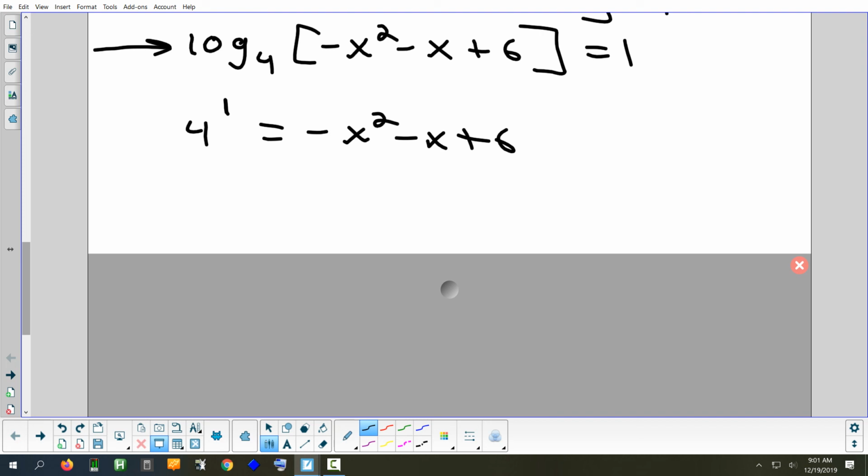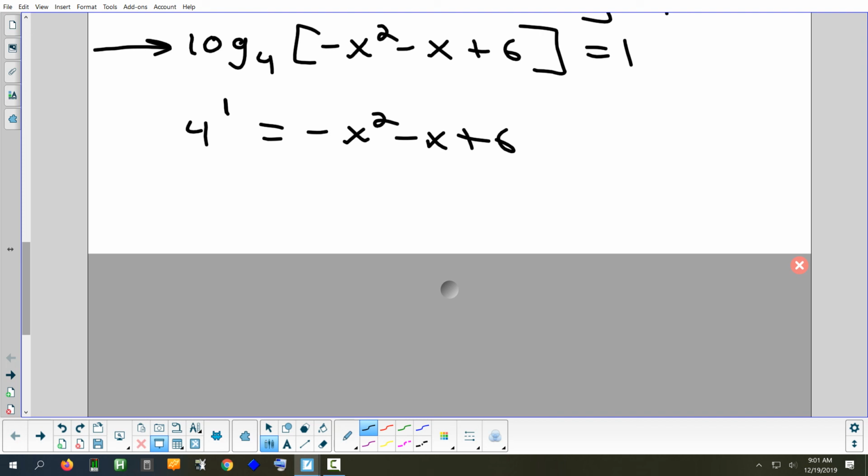Remember when you solve a quadratic, what you have to get it equal to? Well, let's try getting it equal to 0. Okay. So, there's a couple ways we could get it equal to 0. You basically have to put everything on one side.